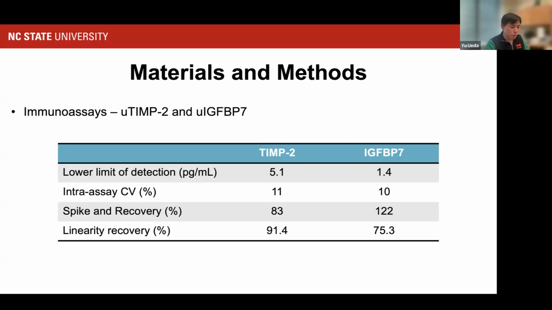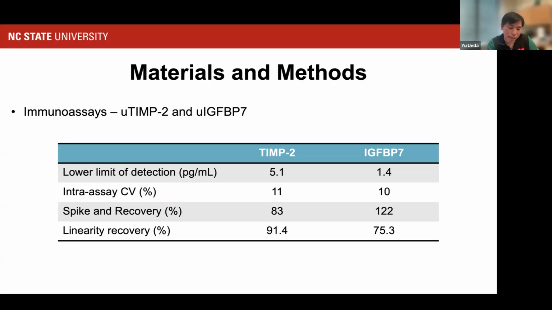These ELISA tests were commercially available for measuring the concentration of these markers in serum, not in urine. So they tested them using urine samples and tried to validate them. These are some detailed results of the validation, including lower limit of detection, intra-assay coefficient of variation, spike and recovery, and linearity recovery.